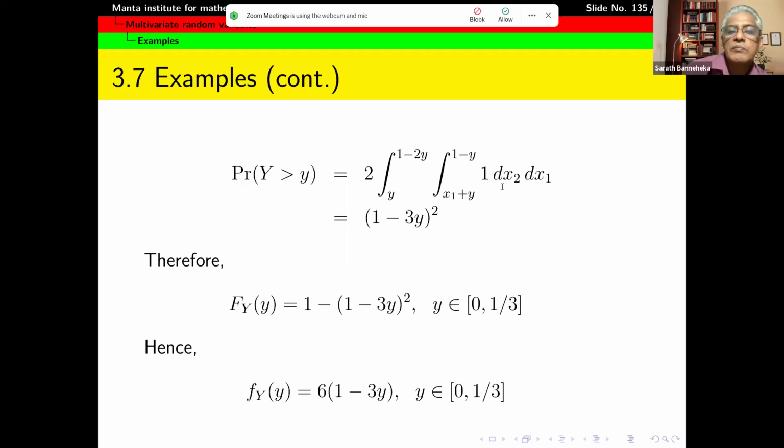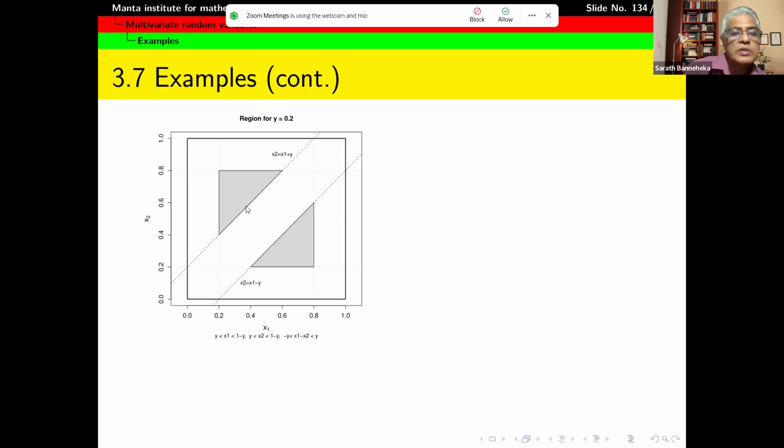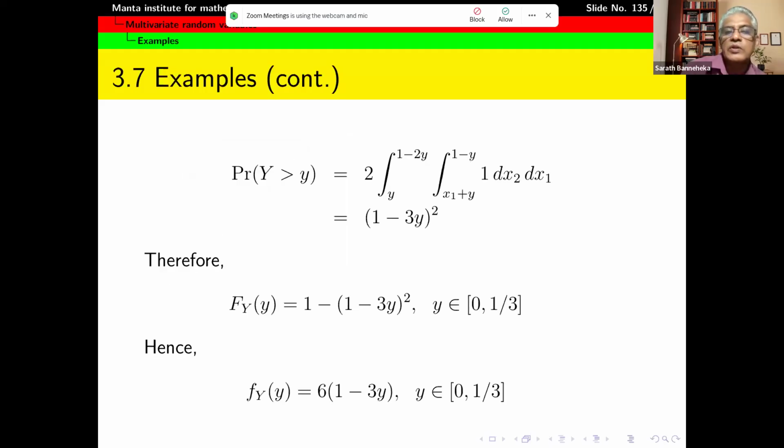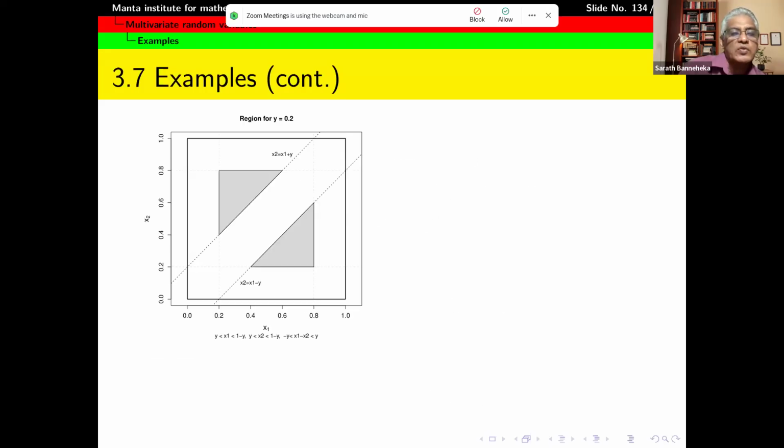I have here considered not the usual case. I would have integrated with respect to x1 first and then x2 after that. No, actually, this is correct because I fix x1.